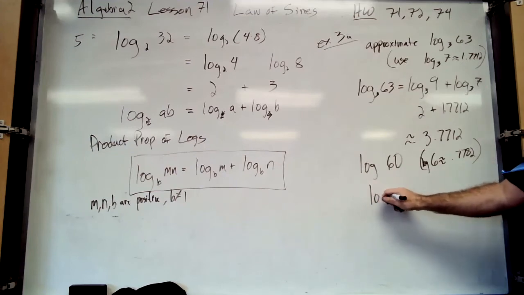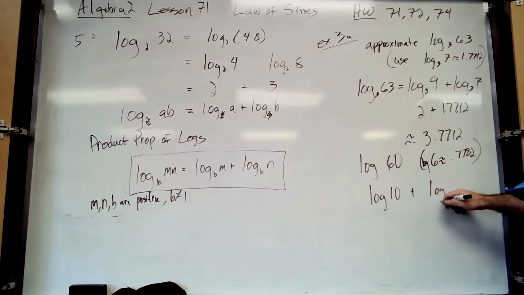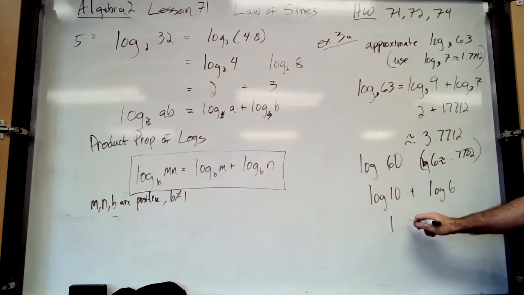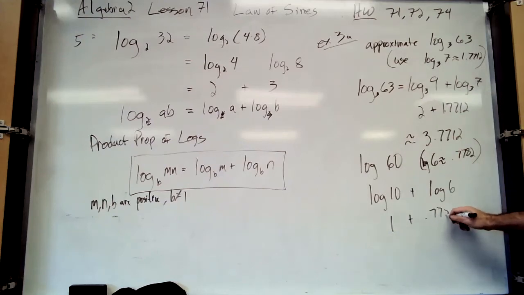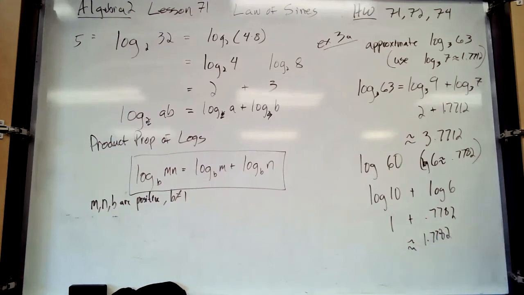So what's log of 10 equal? What exponent do you apply to 10 to get 10? 1. So that's 1, and this is 0.7782. So it's approximately 1.7782. Okay, so far pretty easy, right?